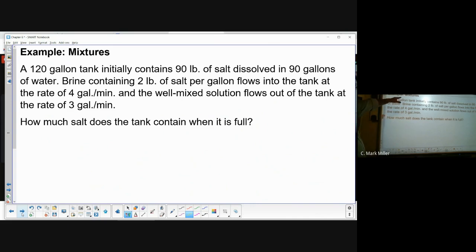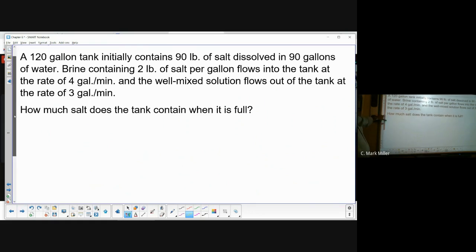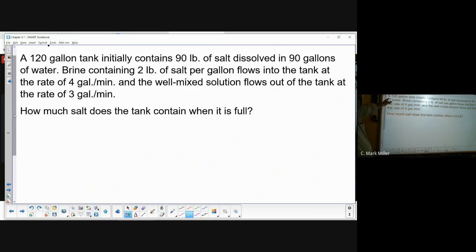But a 120-gallon tank initially contains 90 pounds of salt dissolved in 90 gallons of water. The brine containing 2 pounds of salt per gallon. Brine means salt water. That's all that means. Water containing 2 pounds of salt per gallon flows into the tank at a rate of 4 gallons a minute.